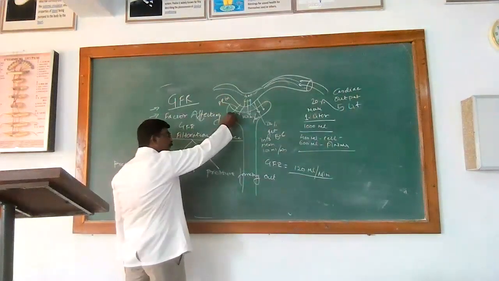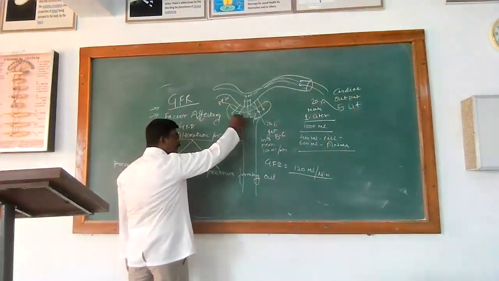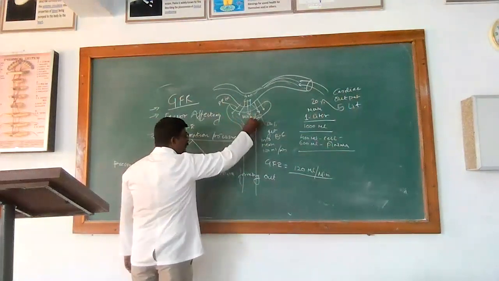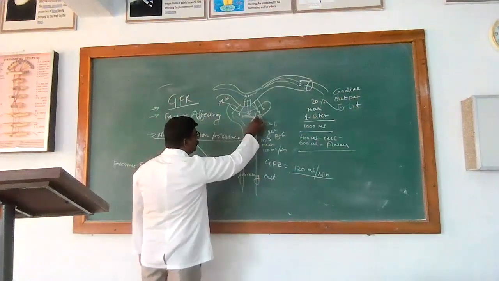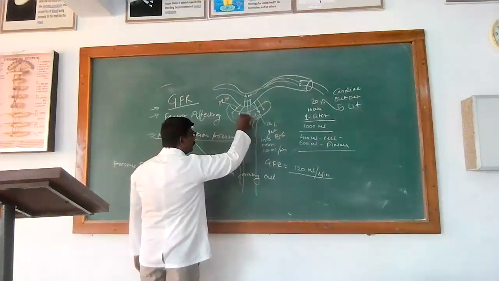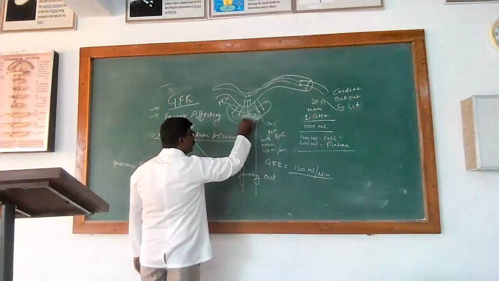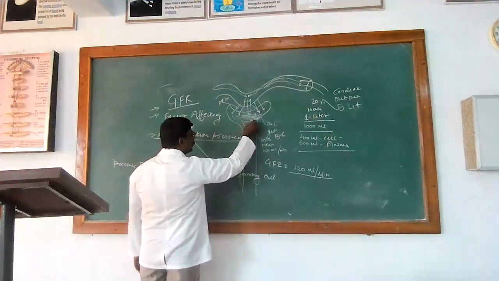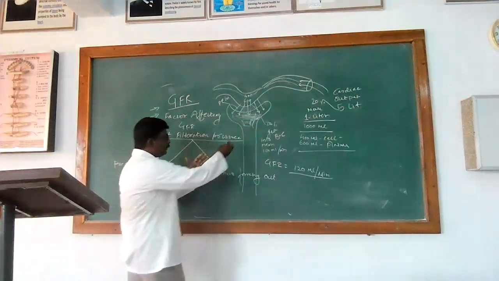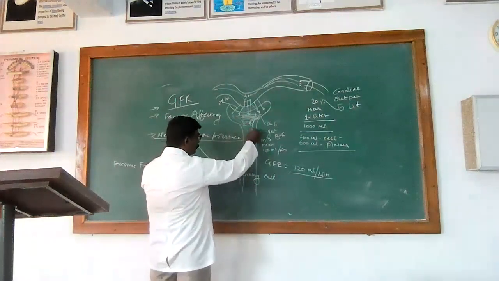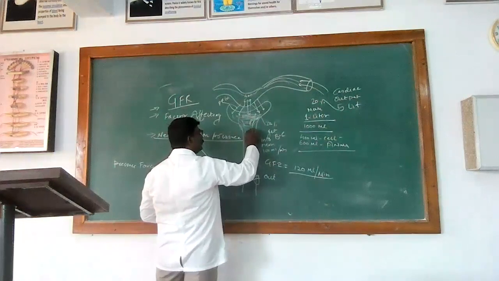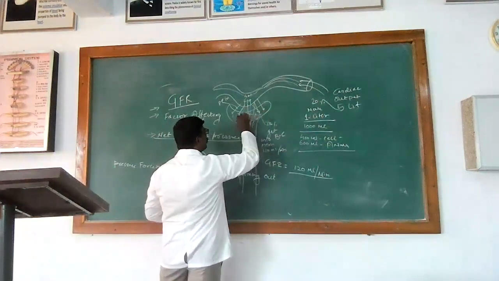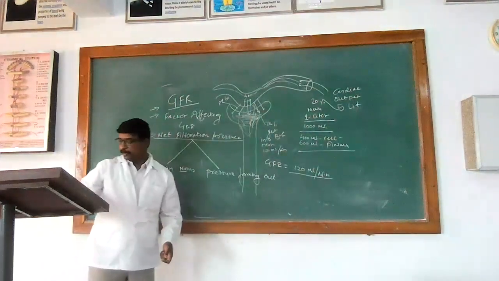But when the fluid comes here, I will draw this 120. It comes like this. It is a very narrow space, so this pressure forces it back.